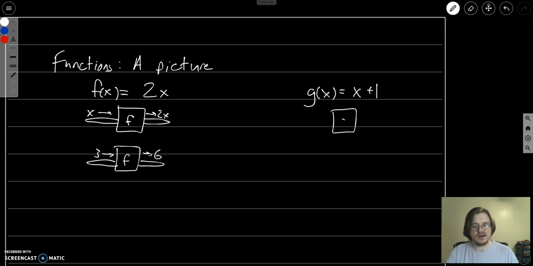So again, with g, it's a little function, and we've got our little conveyor belts, and when we have an x that travels into the machine, out the other side comes an x plus 1. So over here, for instance, if I plug a 3 into g rather than into f, we will end up getting 4. g just adds 1 to the input.